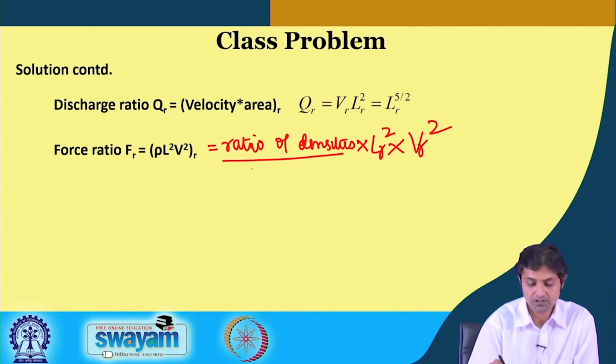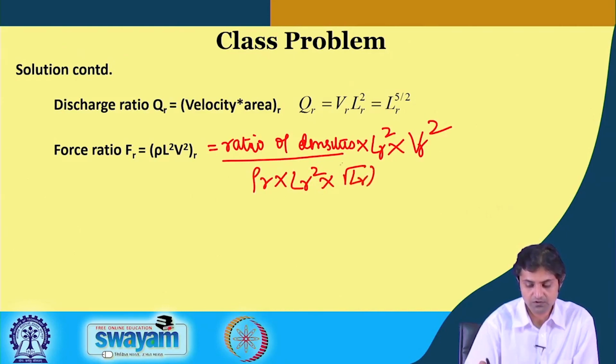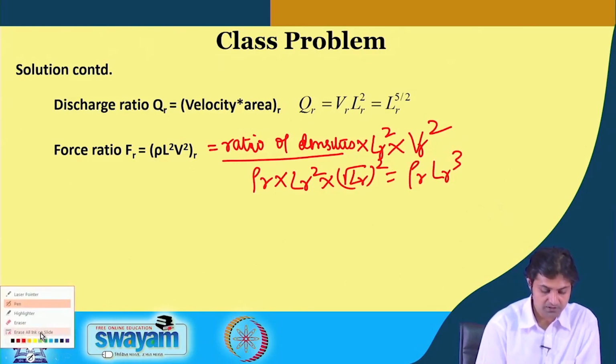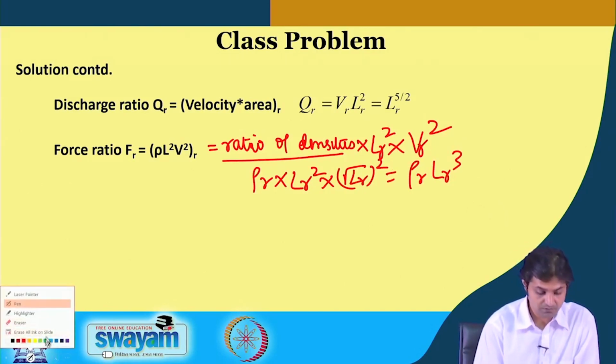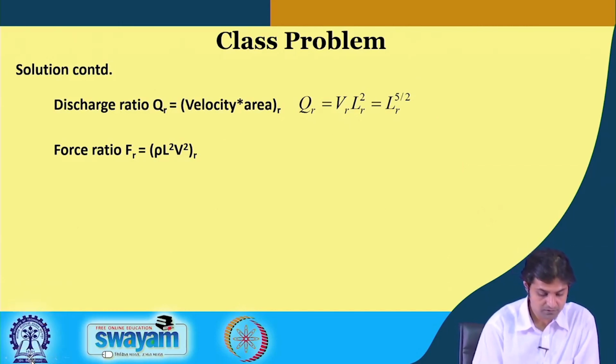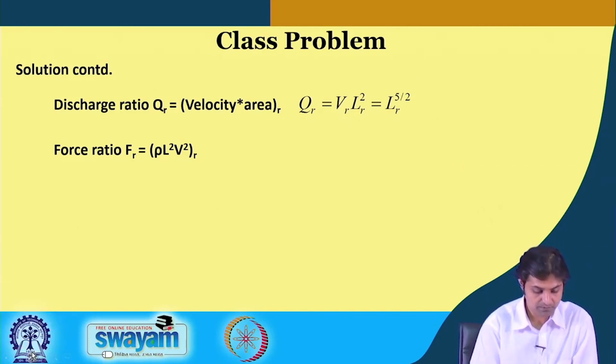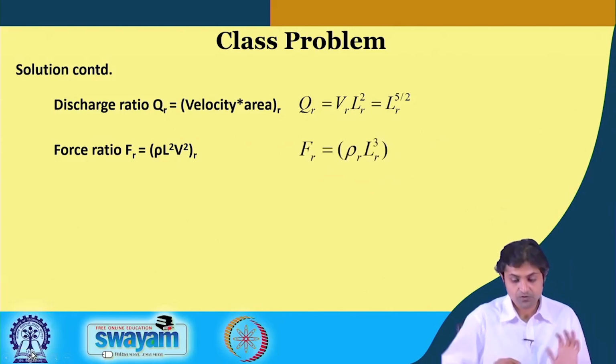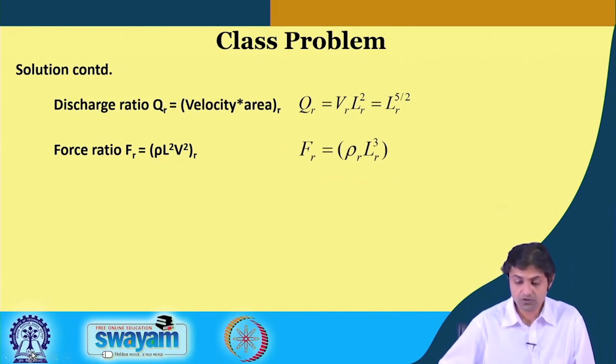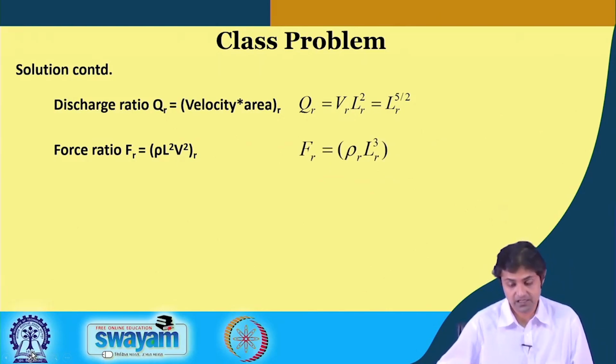So, ratio of densities we said was rho r, into Lr square, and Vr was under root Lr whole square. So, it will be rho r Lr cube. So, force ratio is going to be rho r Lr cube as we just derived.